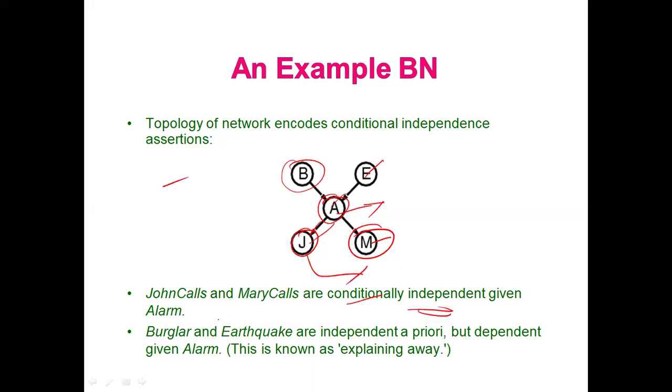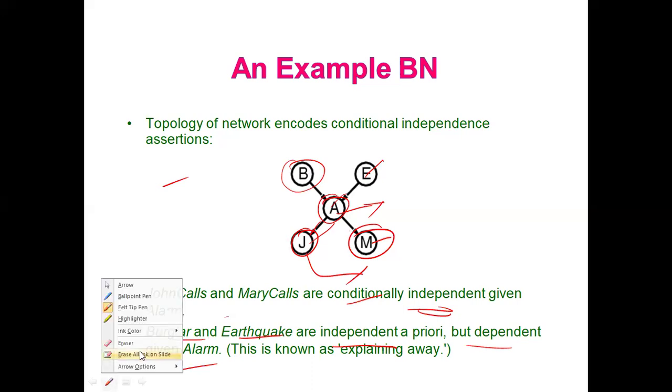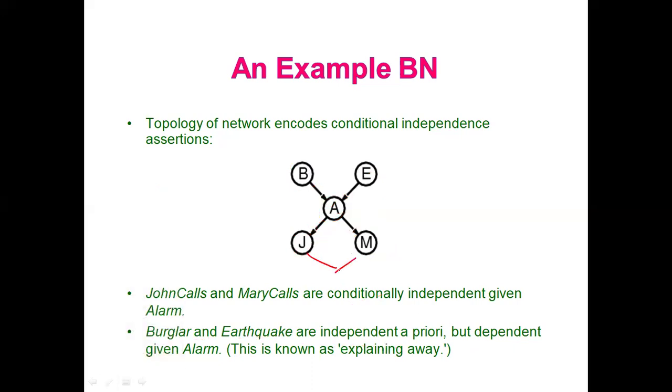Both are independent. Similarly, burglary and earthquake are independent a priori, but both are dependent on alarm. But John and Mary are conditionally independent. Burglary and earthquake are independent a priori, but dependent given alarm. This is known as explaining away.